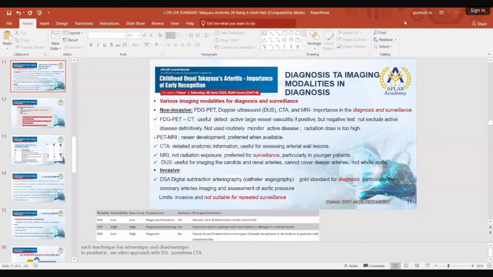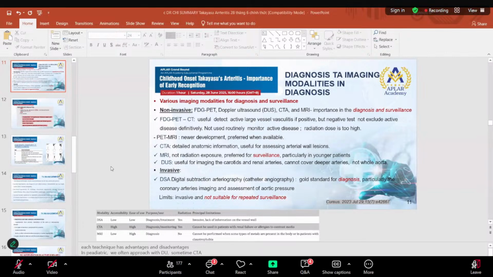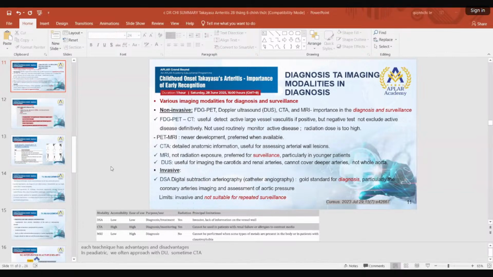Dr. Lê, how about your hospital? In our hospital, we have CTA, MRI, and Doppler ultrasound. Normally we use CTA and MRI, including Doppler ultrasound, to find the signs of disease. We can combine some imaging modalities to approach it in a stepwise manner.